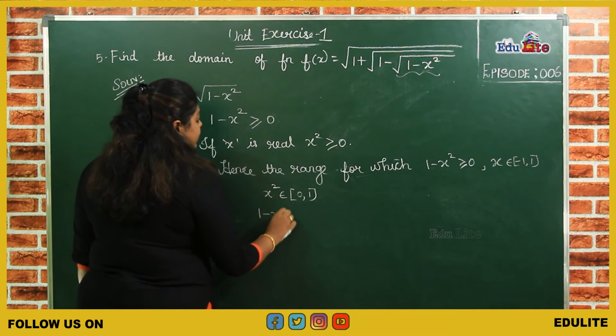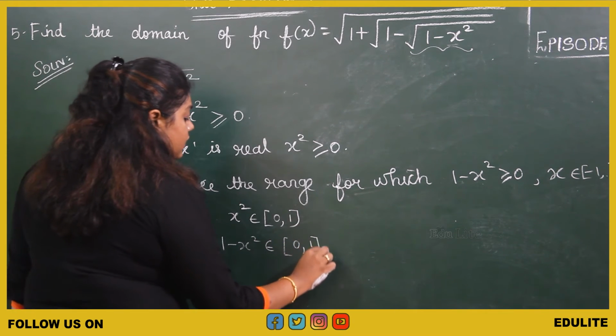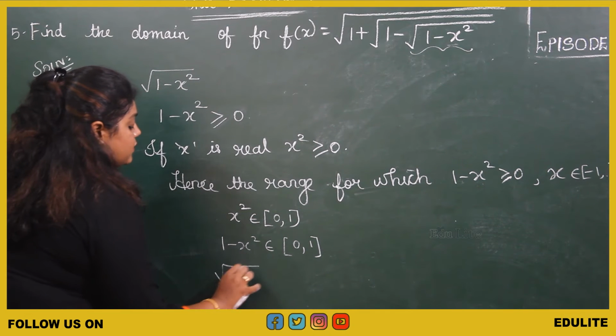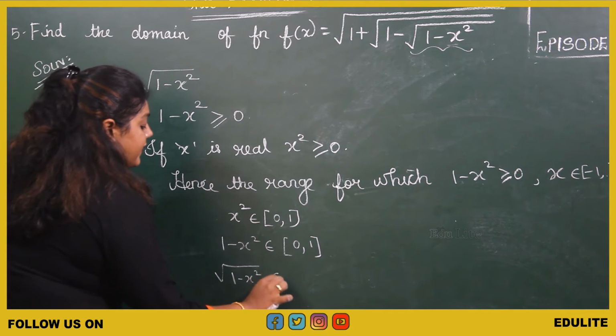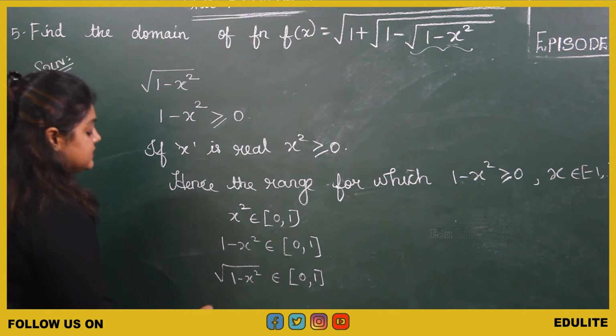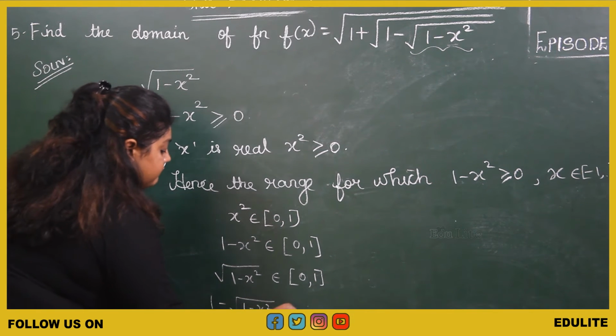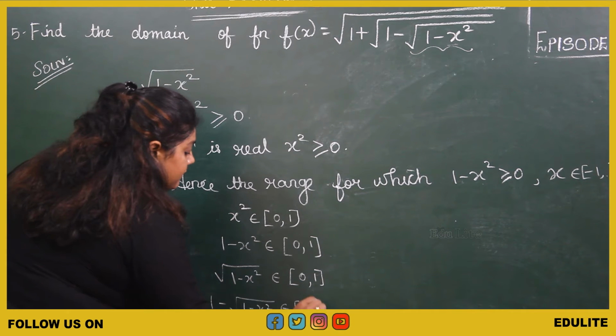Similarly, if I take 1 minus x square, again it will belong to 0 comma 1. If we take the square root of 1 minus x square, it will also belong to 0 comma 1. Next, 1 minus square root of 1 minus x square will also belong to 0 comma 1.